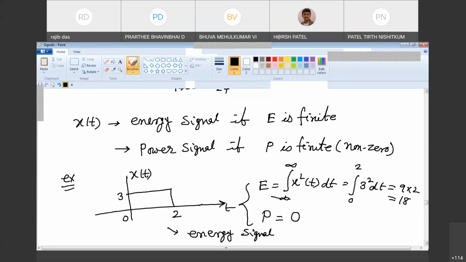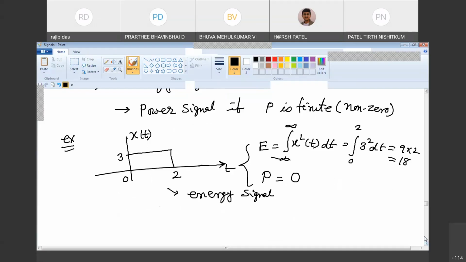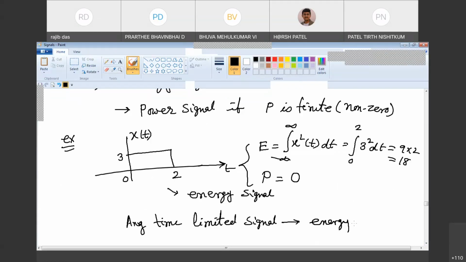Can I make this comment, that all time limited signals are called energy signals? Is it correct? Because energy is finite and power will become 0, it's an energy signal.